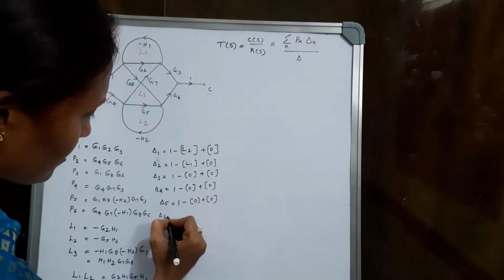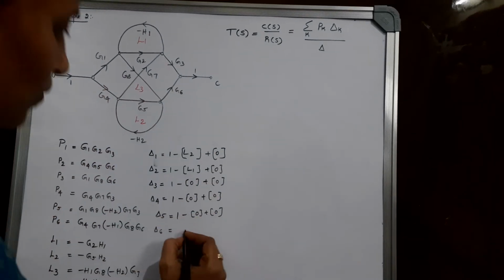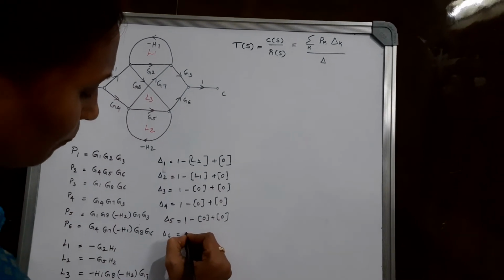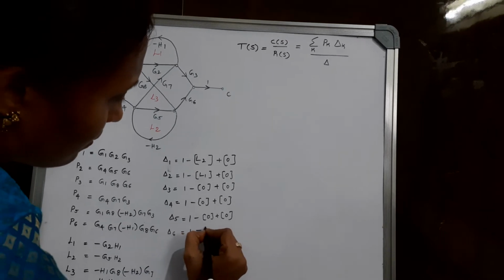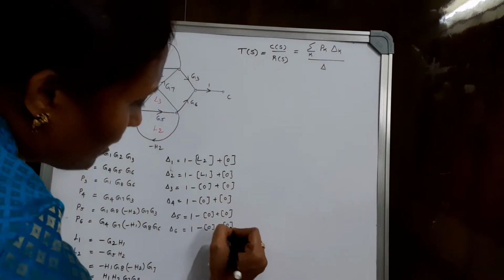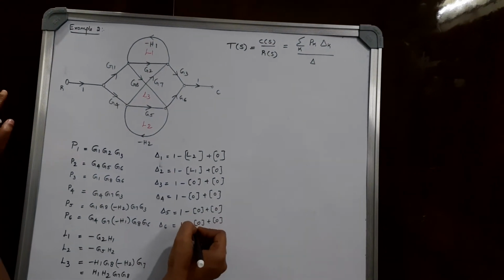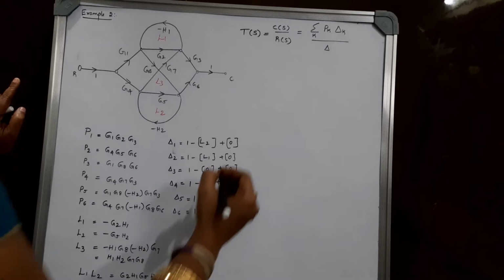Similarly, delta 6 is calculated in the similar fashion. So delta 6 will also be equal to 1 because all the 3 loops are touching that particular forward path. Hence, I can't consider the loops which are touching that. So it will be just equal to 1.